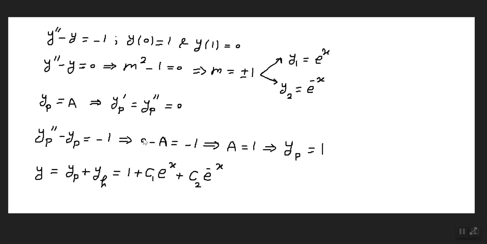You can see this is 0 minus a equals minus 1. From here a equals 1. So yp is 1. Now the solution is yp plus yh. It means the particular part, which is 1, and the homogeneous part, which is the linear combination of y1 and y2. Okay, this is our solution.